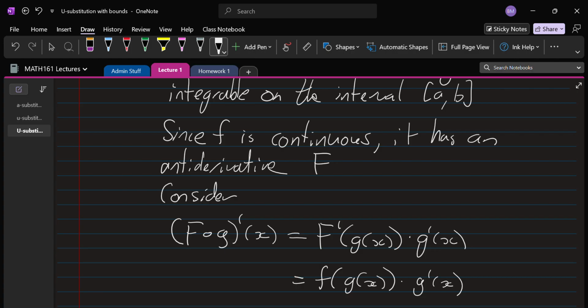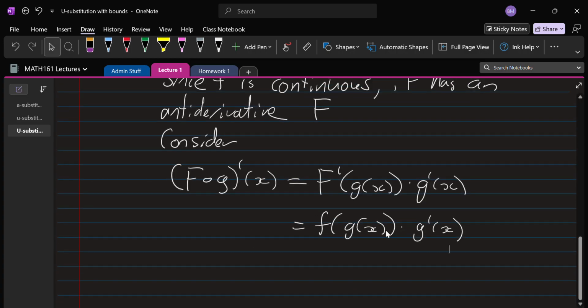Does everyone see that? The derivative of the antiderivative is just the function. Please go over your antiderivative notes if you don't see that step there.